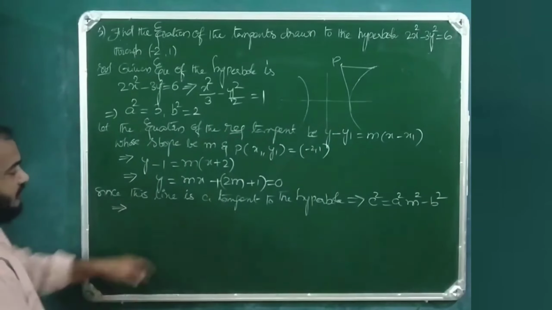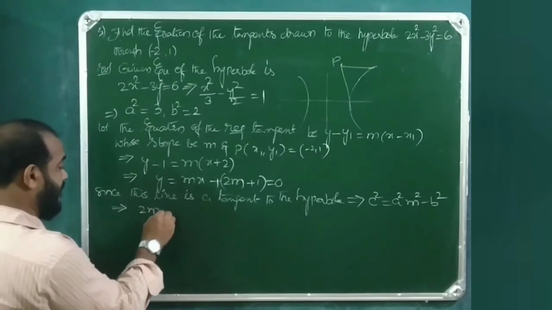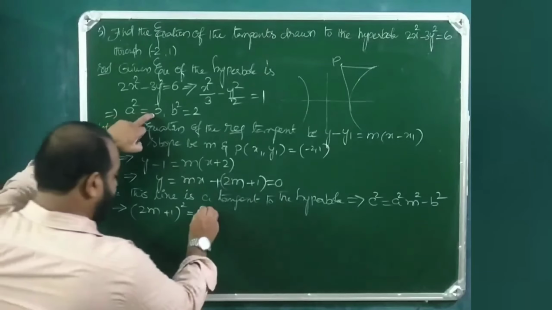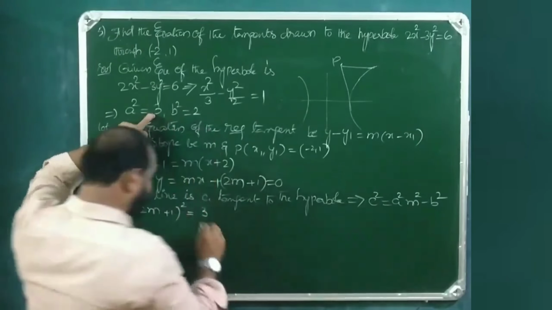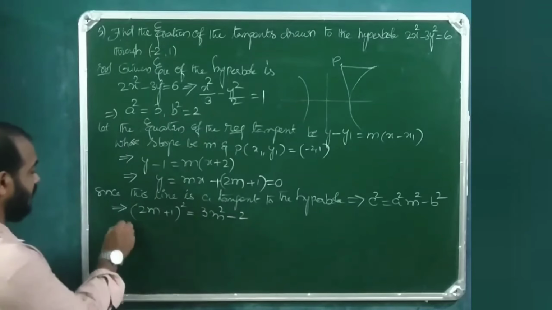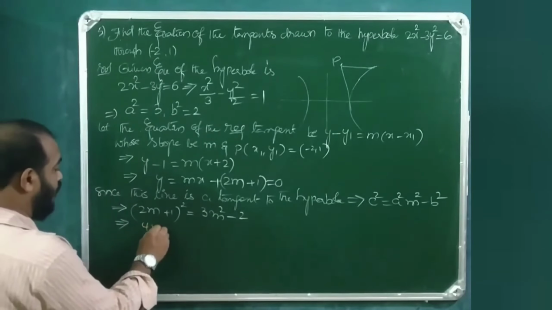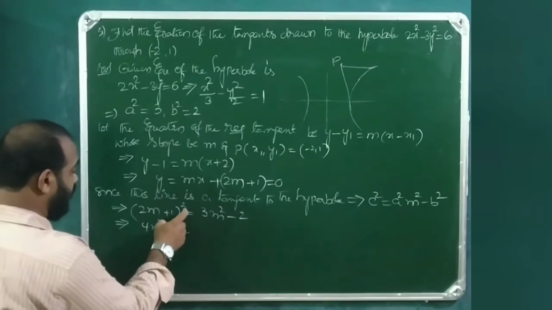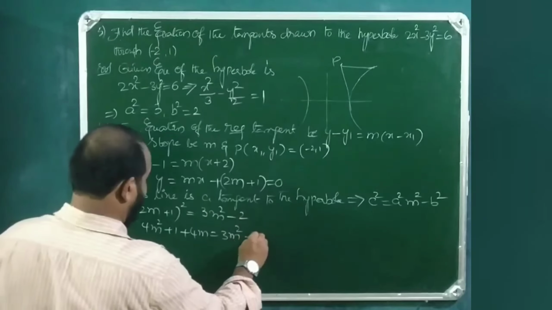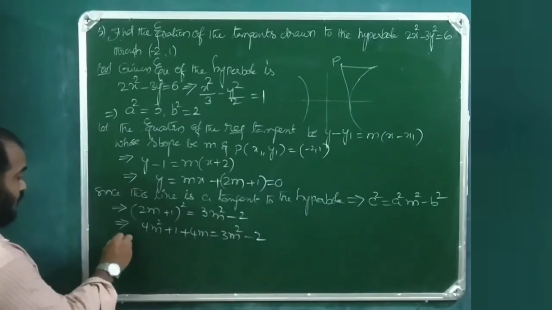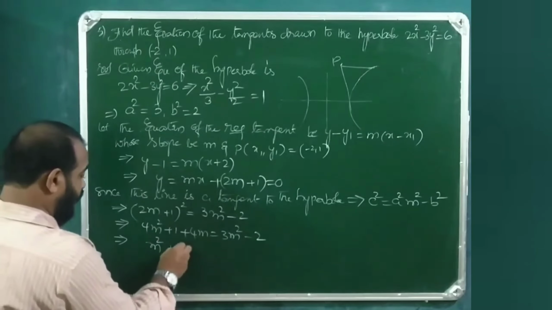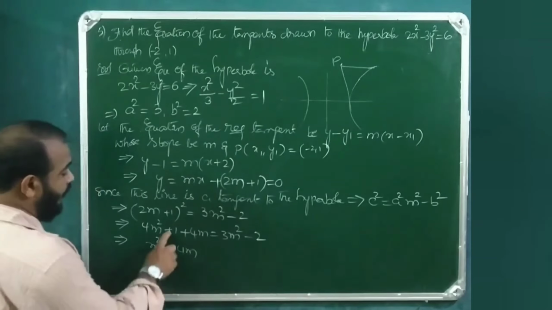So here c is 2m plus 1, whole squared, equals a² which is 3m², minus b² which is 2. This gives 4m² plus 1 plus 4m equals 3m² minus 2. So 4m² minus 3m² is m², plus 4m, and 1 plus 2 is 3, equals 0.